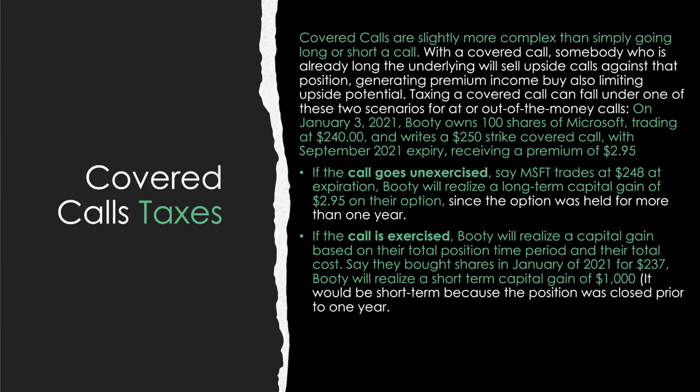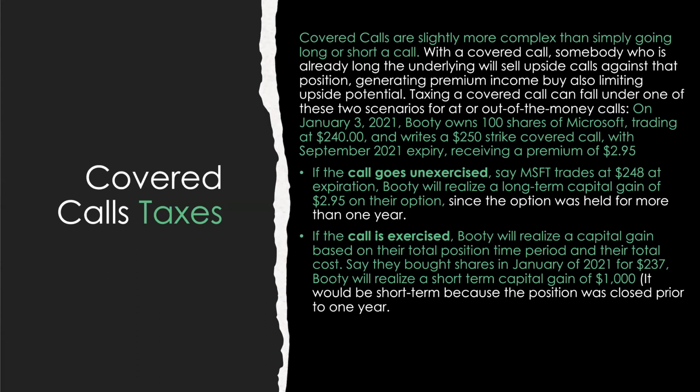Covered calls are a little bit different. They're slightly more complex. So let's just say you own 100 shares of any underlying asset. You sell one insurance policy, one contract, for a premium. You get to keep that premium. But if the call goes unexercised, you'll realize a long-term capital gain if you hold it for more than a year. If it goes unexercised and it's less than a year, short-term capital gain.